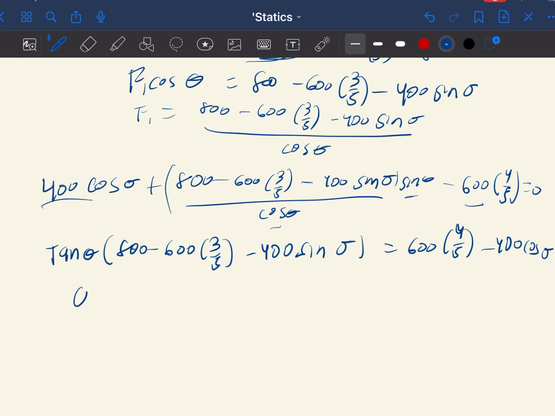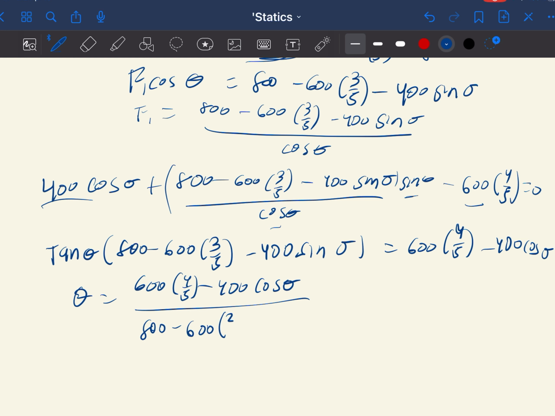So theta is going to be equal to the arctangent of 600 times 4/5 minus 400 times cosine sigma, divided by 800 minus 600 times 3/5 minus 400 sine sigma.